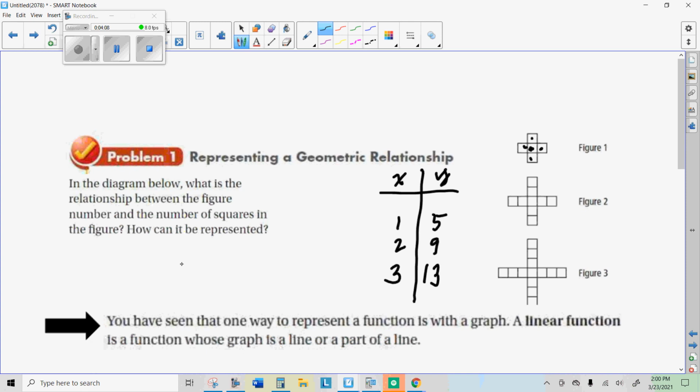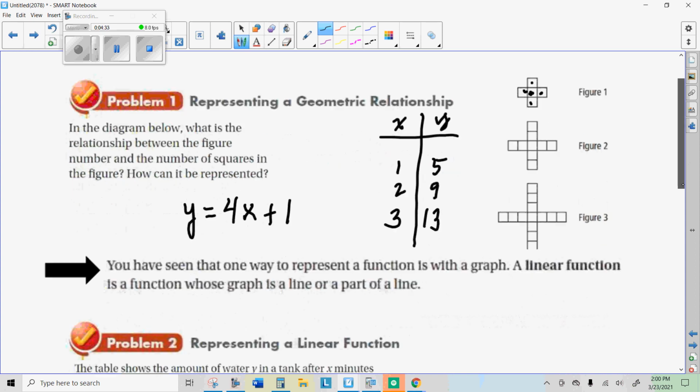So one way we could represent this is the number of tiles, y, is 4 times whatever figure we're on, plus, if we're on figure 1 and we multiply 1 times 4, we still have to add that 1 in the middle to it. So y equals 4x plus 1, and that would be a linear function.